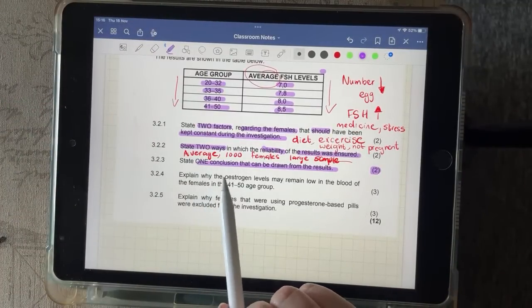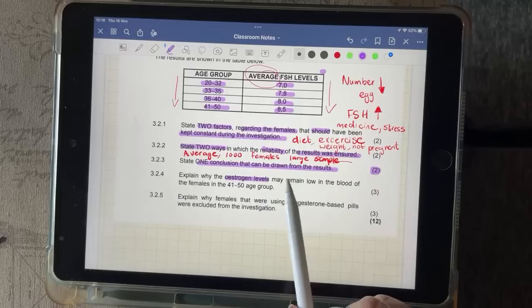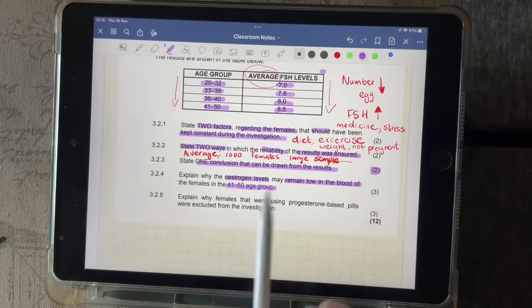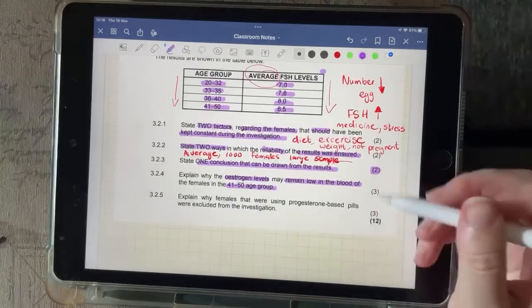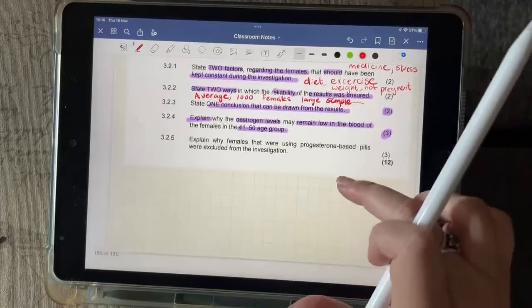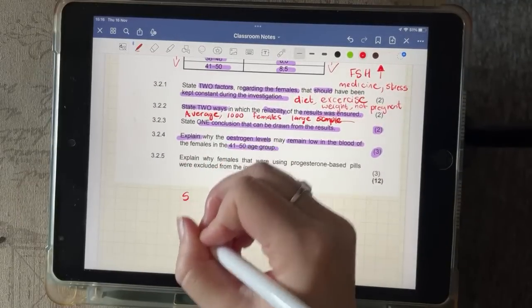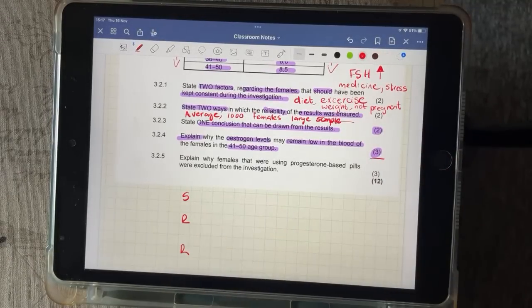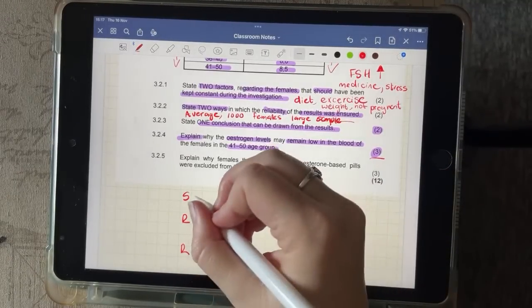3.2.4, explain why estrogen levels may remain low in the blood of females 41 to 50 age group. 3 marks. It's an explain question, so let's remember the rules. What is it? Statement, reason, and because it's out of 3, we need another reason. So, number 1, statement.